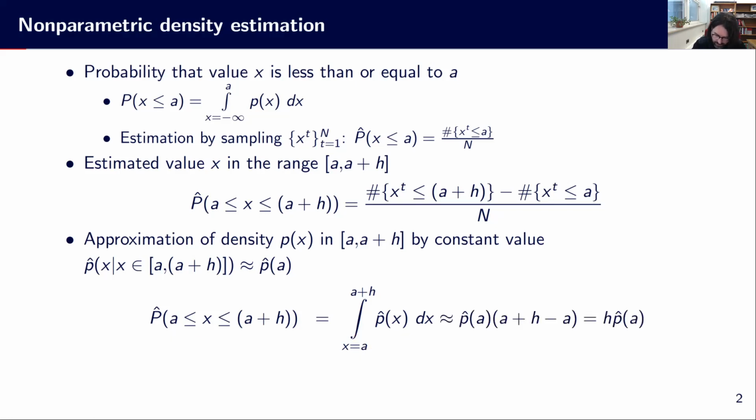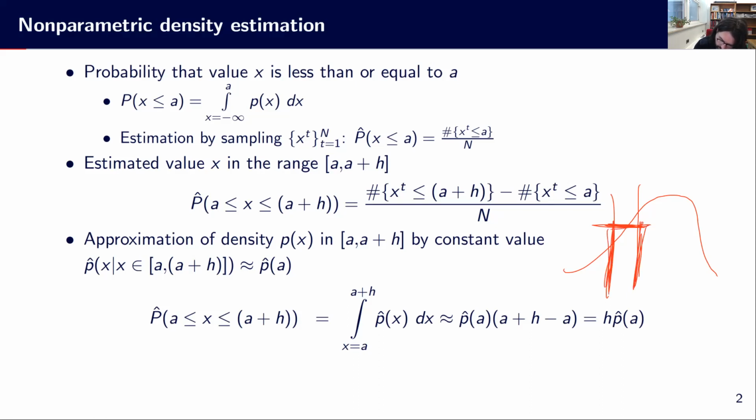And this is more or less equivalent, given that we are making an assumption that it is constant. This is equivalent to saying that we are estimating this by a constant, and then our estimation in that range is a rectangle.